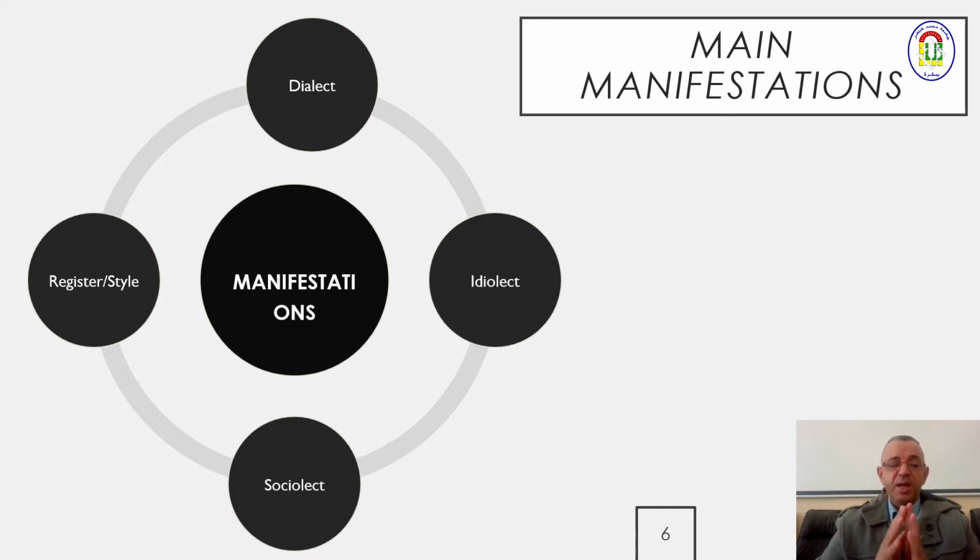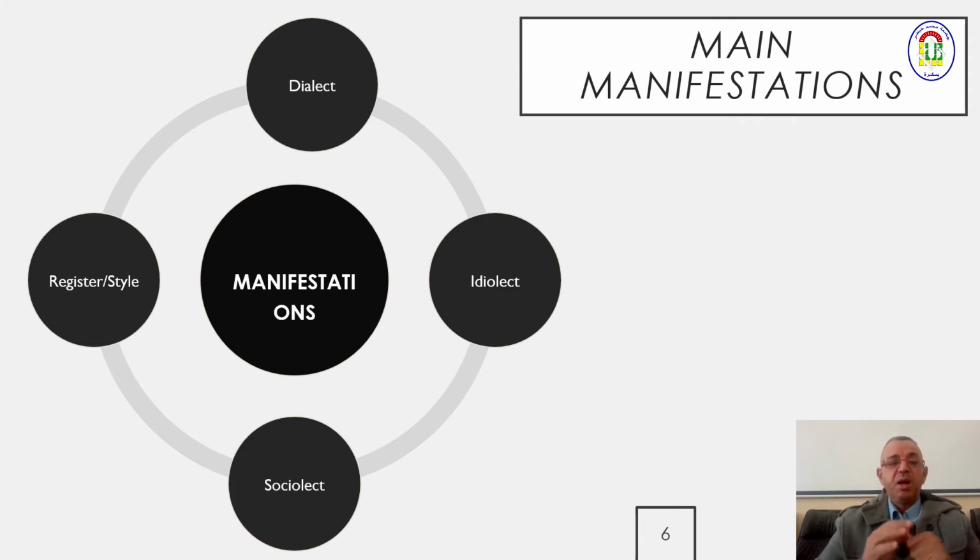Now, what are the main manifestations of language variation? Generally, we have many examples. In this presentation about language variation, we have just to present 4 examples. By the way, they are not the only examples. There are many other examples, but these are the very common manifestations of language variation.